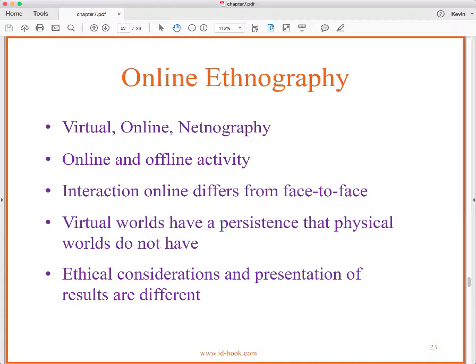Okay, so we might call it virtual ethnography, online ethnography, netnography if it's something that goes on the net.